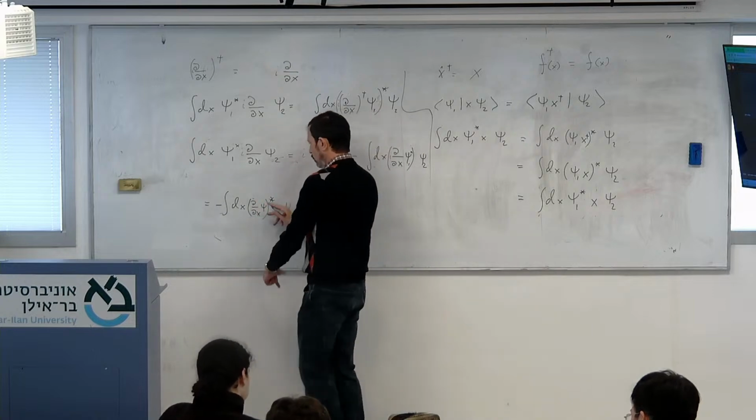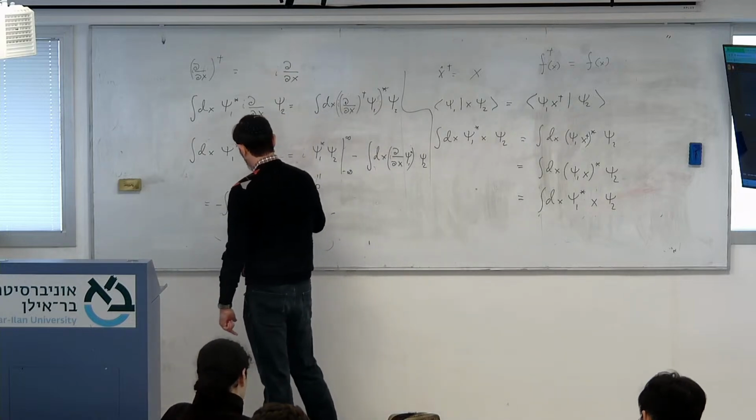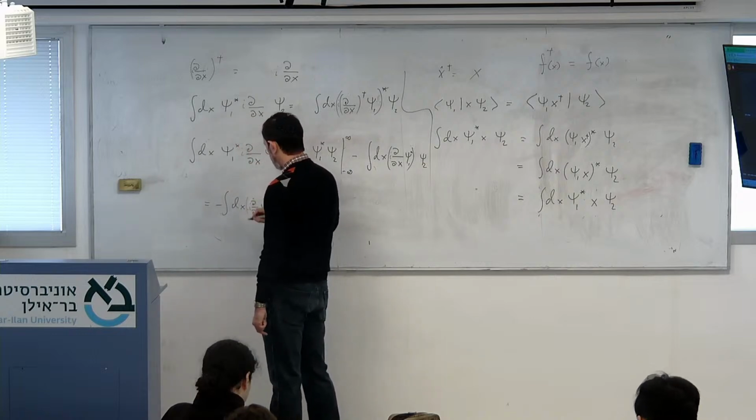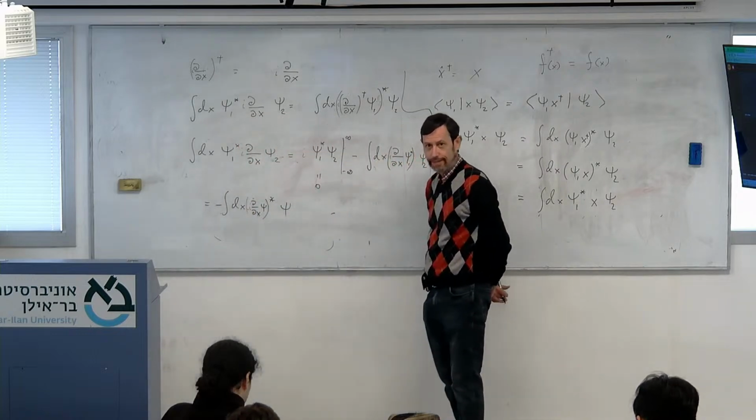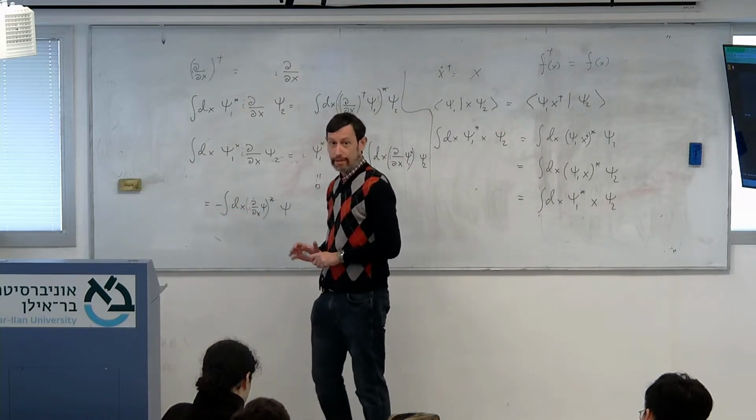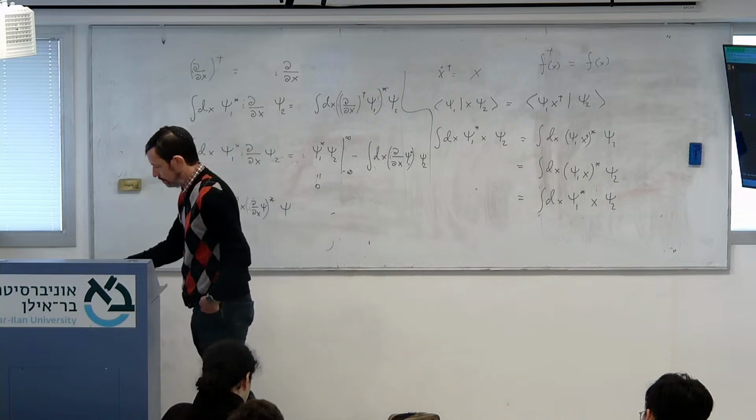But here, if I want to put the complex conjugate on everything, I have to put here minus. Minus times minus is plus.